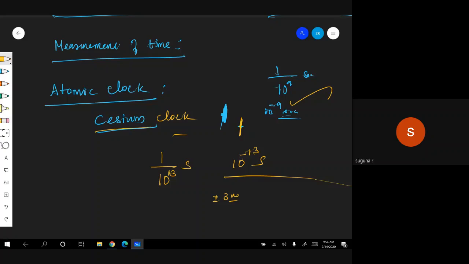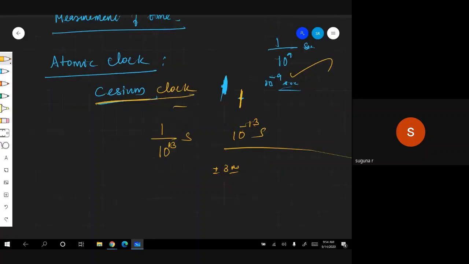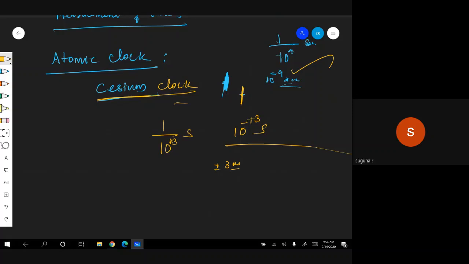So this cesium clock is very important. This clock is what we use in maintaining IST, Indian Standard Time. Who is maintaining it? Do you have any idea?